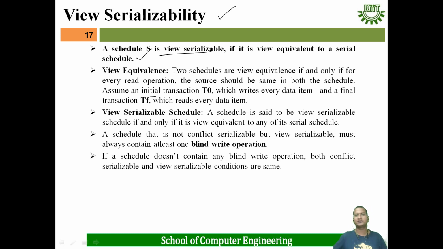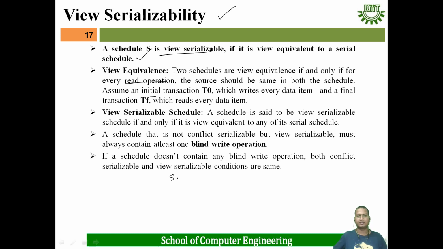What is view equivalence? Two schedules are view equivalent if and only if for every read operation, the source should be the same in both the schedules. Assume an initial transaction T0 which writes every data item and a final transaction TF which reads every data item.